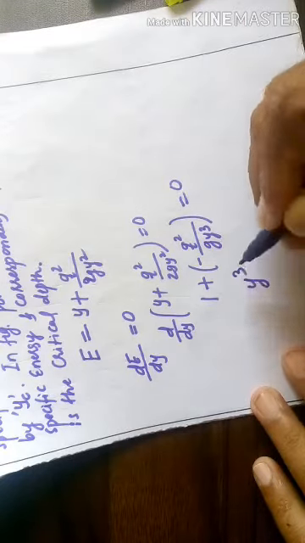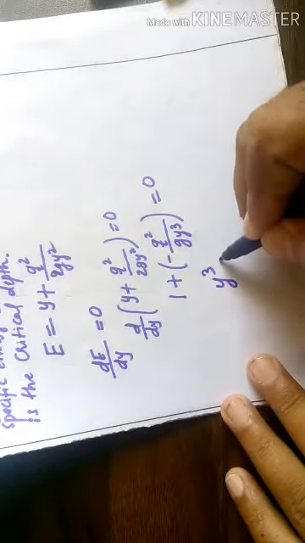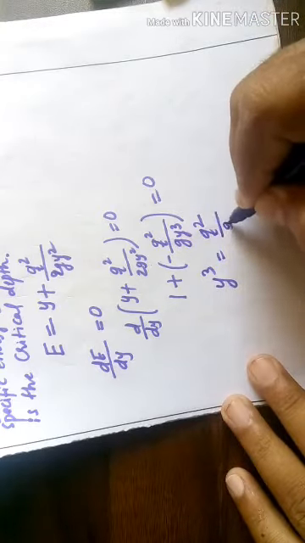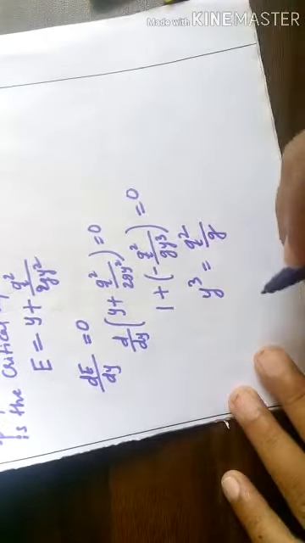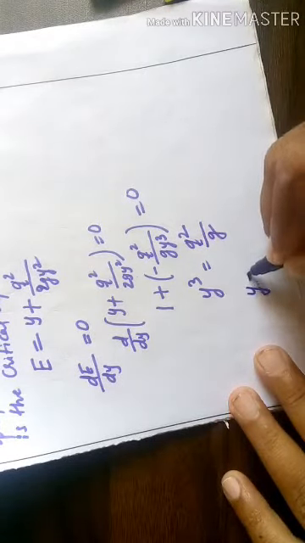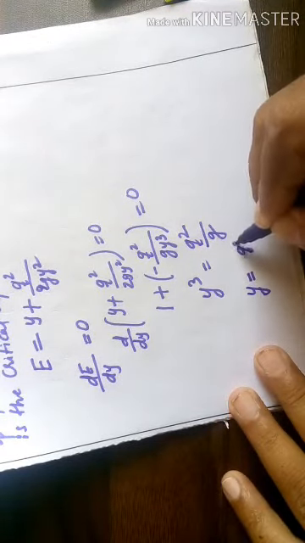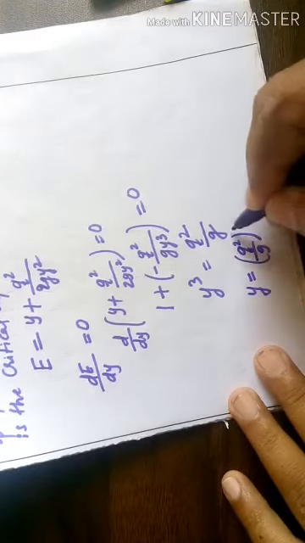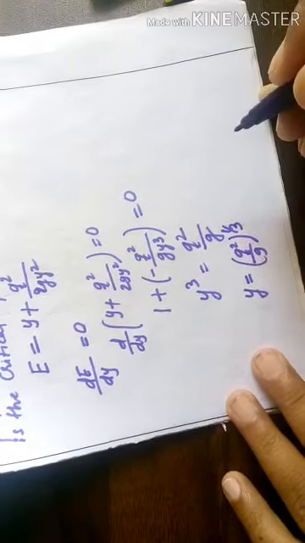When you simplify this equation, it becomes y cube equal to q square divided by g. Then y becomes q square by g whole raised to 1 by 3.